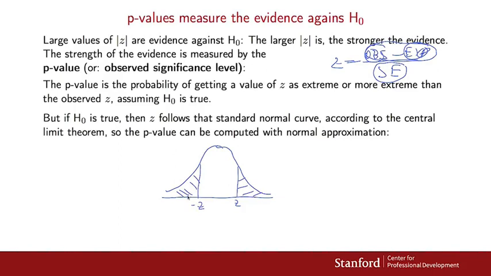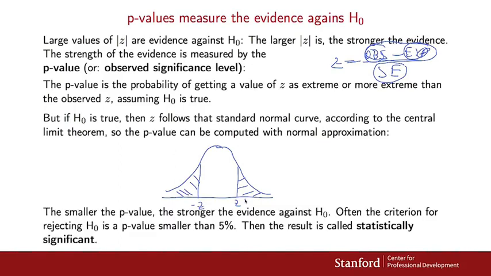And now you get the idea that as z gets large, that shaded area gets small. So a small shaded area is evidence against the null hypothesis. Oftentimes, the criterion for rejecting the null hypothesis is having a p-value that is smaller than 5%. Then the technical term for this is that the result is statistically significant.